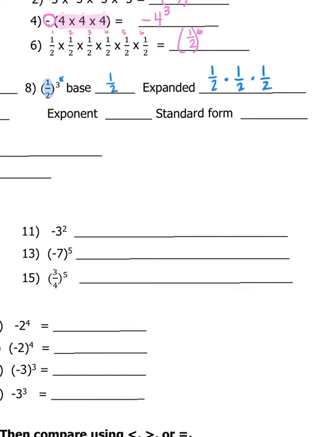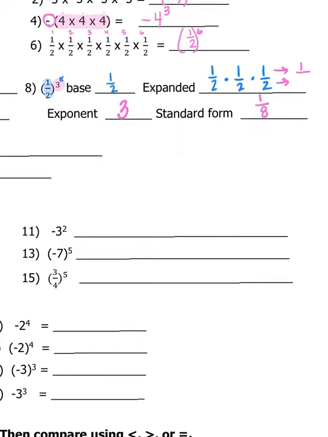Okay, then we move on to the exponent. The exponent here is 3. So we're going to put 3. And then when we calculate 1/2 times 1/2 times 1/2, we get 1/8. Again, when we multiply fractions, just in case, we multiply the top, and then we multiply the bottom.